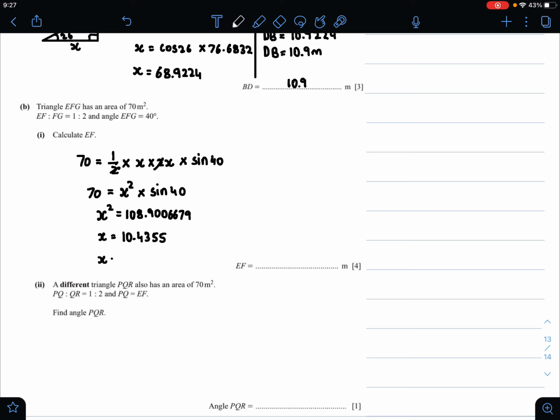Therefore x will be equal to 10.4, because we have to give our answer in three significant figures. The fourth significant figure in this case, which is 3, is less than 5, so it won't round off the third significant figure to the next number. Therefore 10.4 meters will be our final answer for B part 1 of this paper.